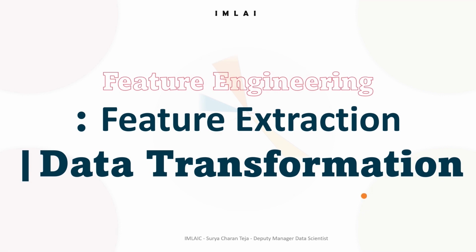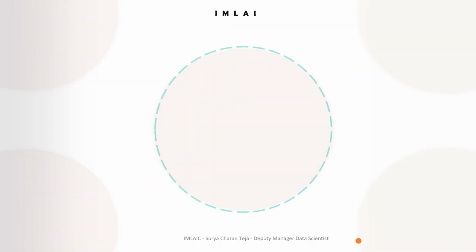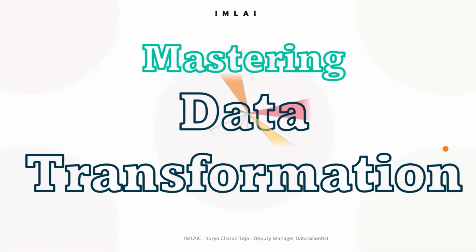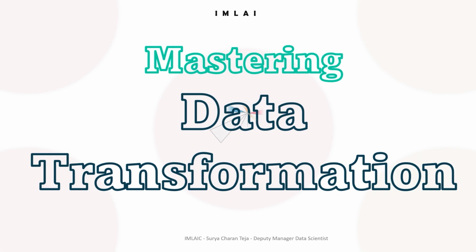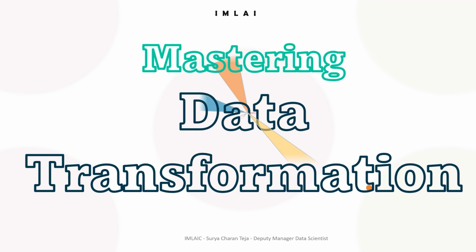So it's time to begin data transformation under feature extraction in step 4 of feature engineering of the supervised machine learning algorithm. With this, we come to the question: what is data transformation?